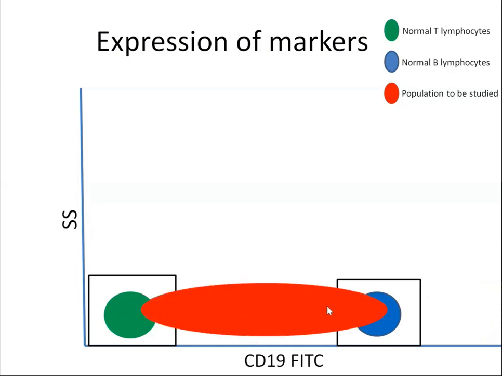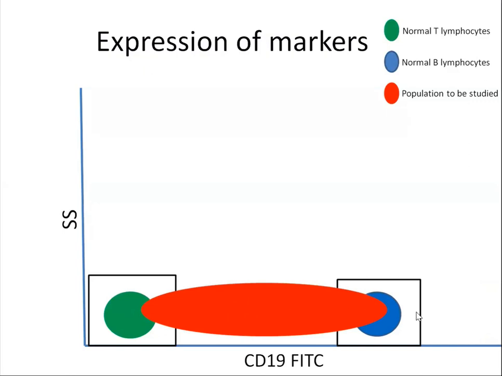Now, if you have the blast falling in a stretched fashion, traversing from the negative region to the positive region, then you call it variable or heterogeneous.